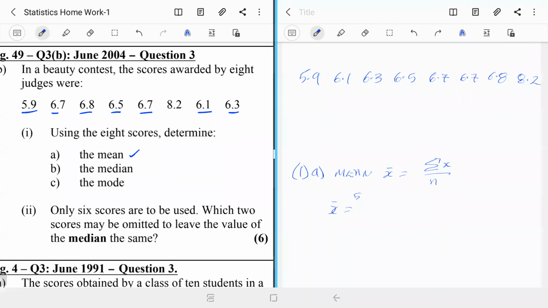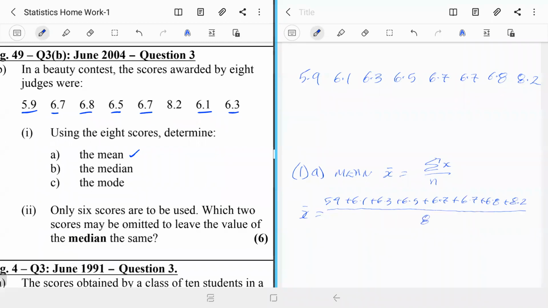So the 5.9 plus the 6.1 plus the 6.3 plus the 6.5 plus the 6.7 and 6.7 again and 6.8 and then 8.2. And then divide that by 8. There are 8 values there.